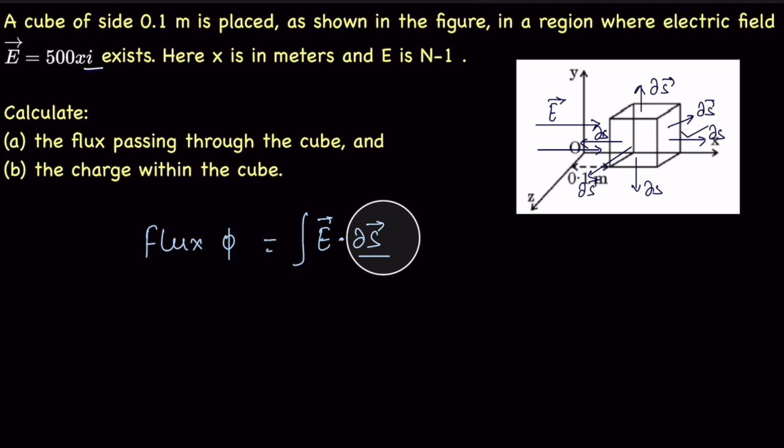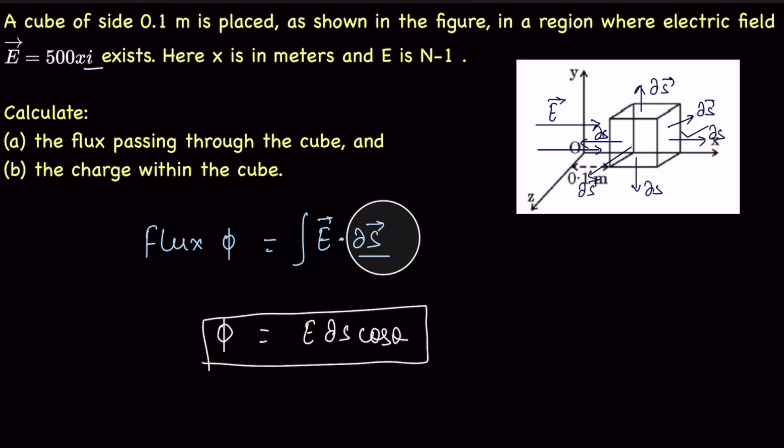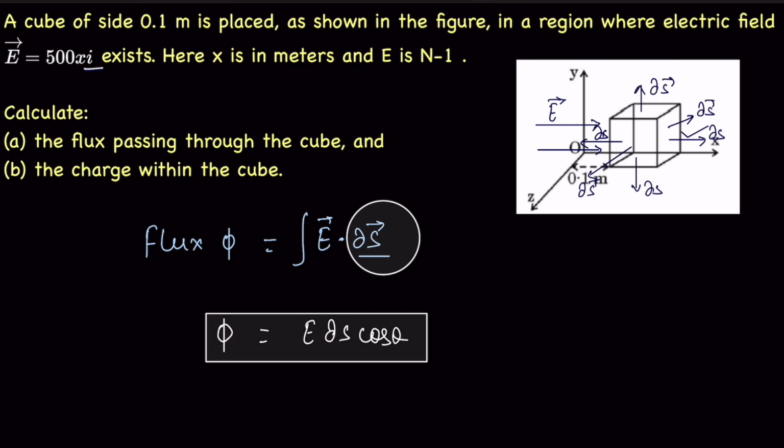But as we know that flux is equal to E ds cos theta. Theta is the angle between the electric field and the area vector. So in the top one, as you see, E and ds will be perpendicular to each other.